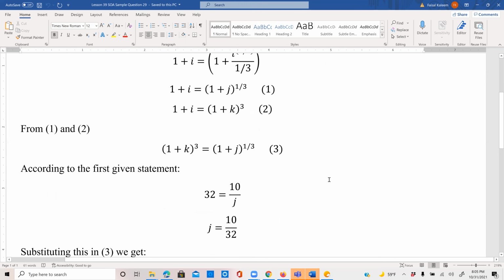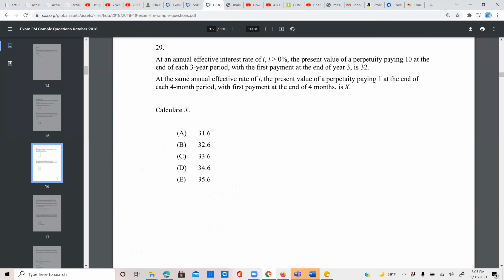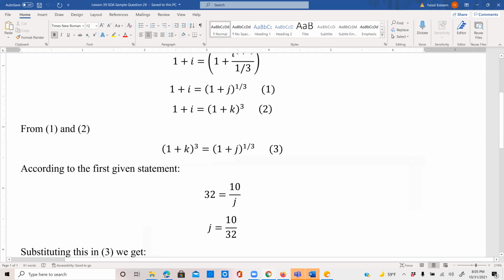And the first condition said that the present value of that perpetuity is 32. If we go back to the problem, the present value of the perpetuity paying 10 at the end of each 3-year period is 32. So the regular payment is 10. We know that the present value equals X over the interest rate.